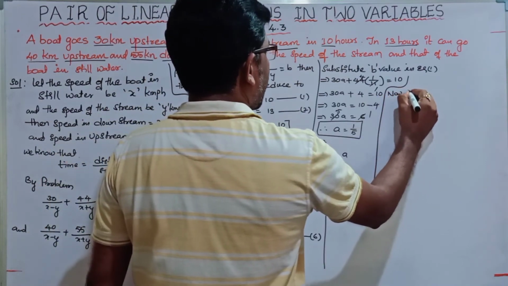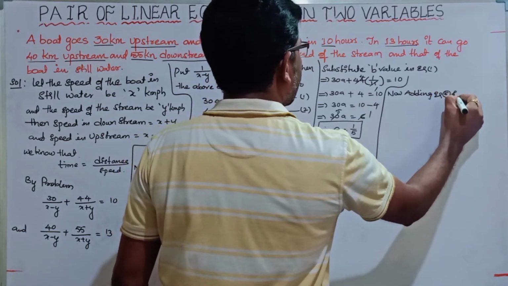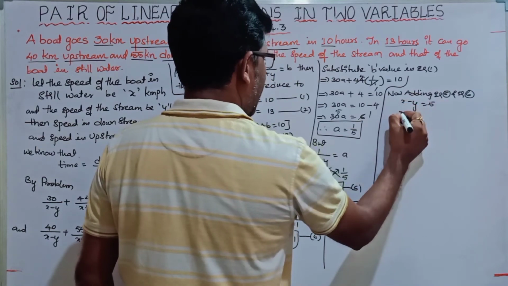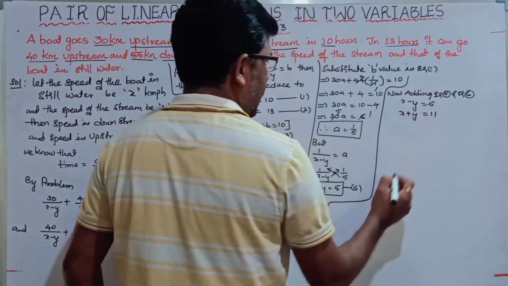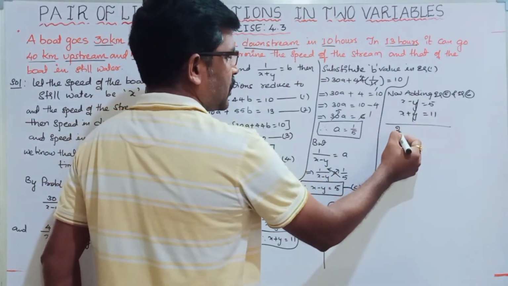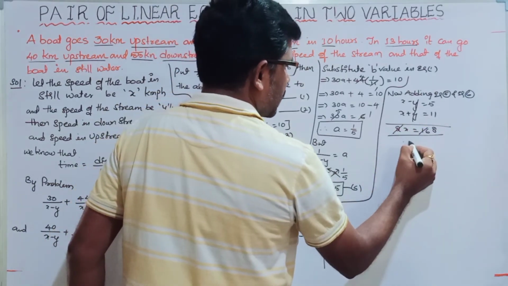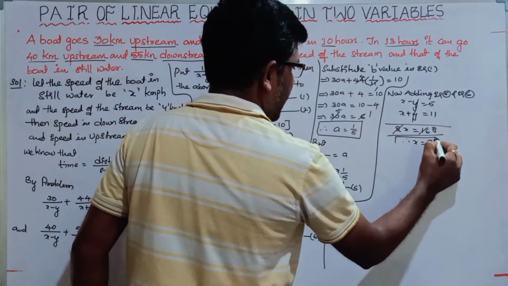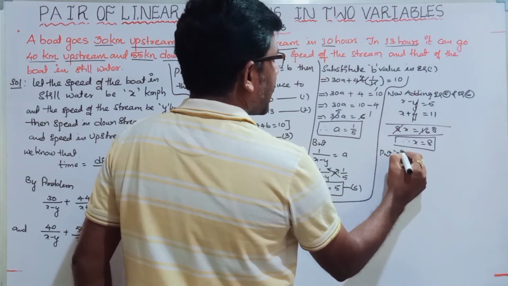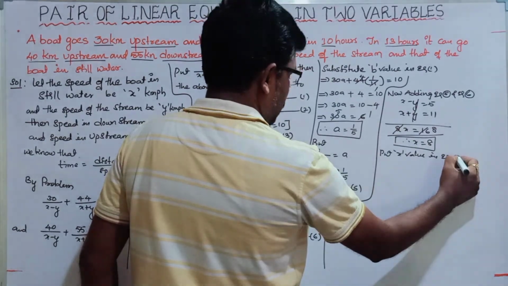Now adding equation 5 and equation 6, x minus y is equals to 5, x plus y is equals to 11. It implies minus y plus y gets cancelled. 2x is equals to 16. Therefore, x is equals to 8 and put x value in equation 5.